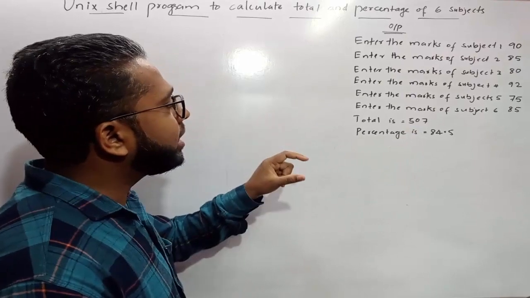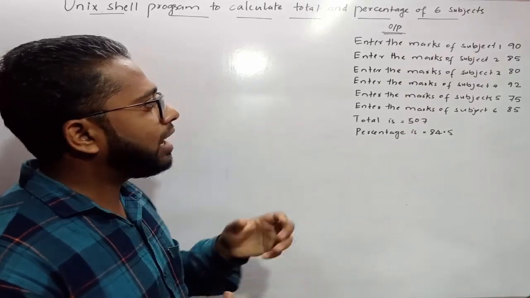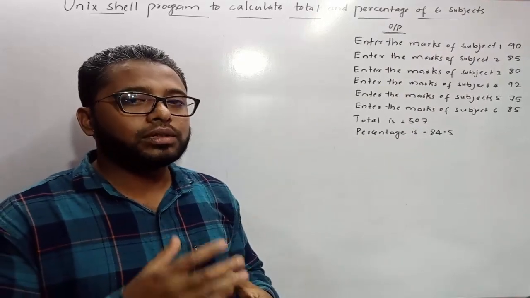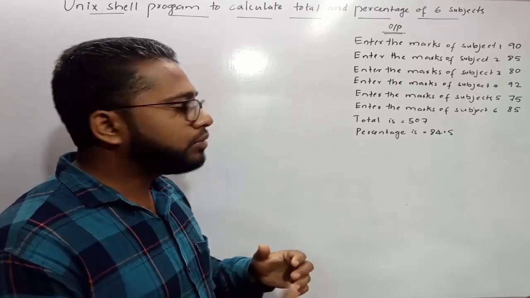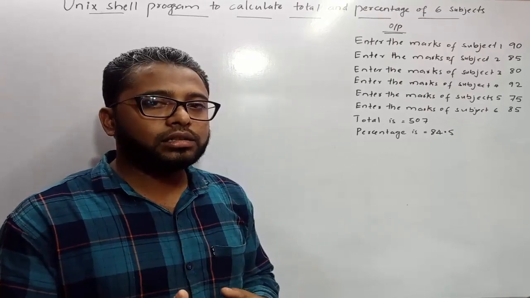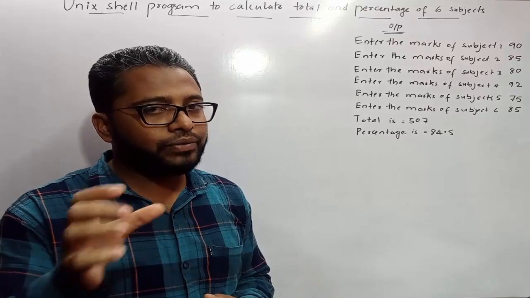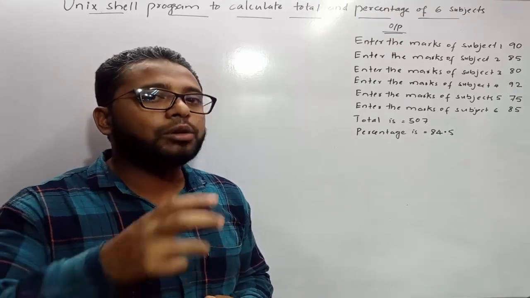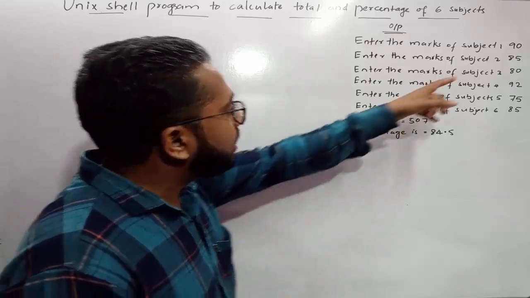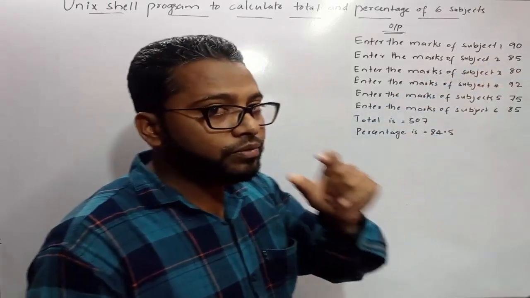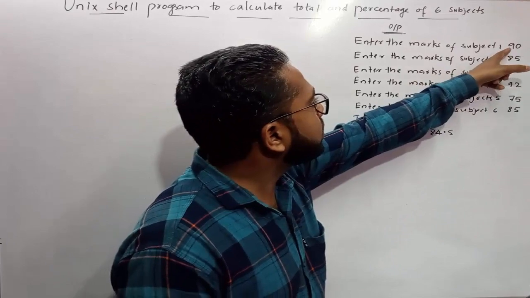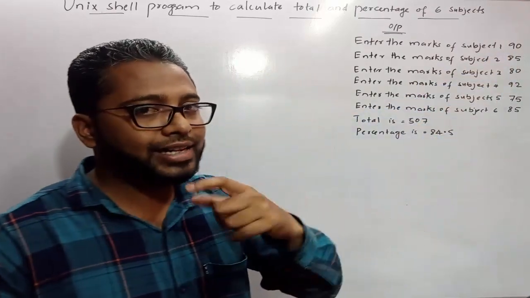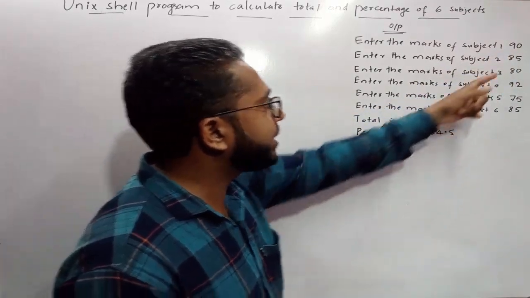Okay, so just by looking at the output, what do you think, how many variables we need to create in this program? Since we are asking the user to enter the marks of 6 different subjects, to store those 6 different marks in our program, we need to create 6 different variables. First variable to hold the marks of first subject, then second variable to hold the marks of second subject.